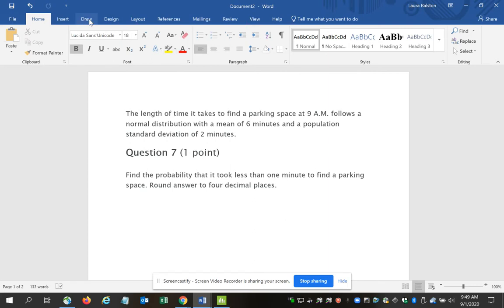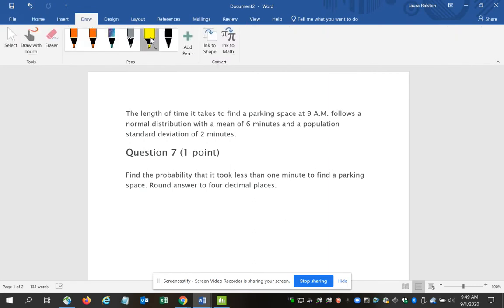Primarily what you need here in this problem is the fact that it follows a normal distribution. You're told that in the story. You are also given the mean and the population standard deviation.